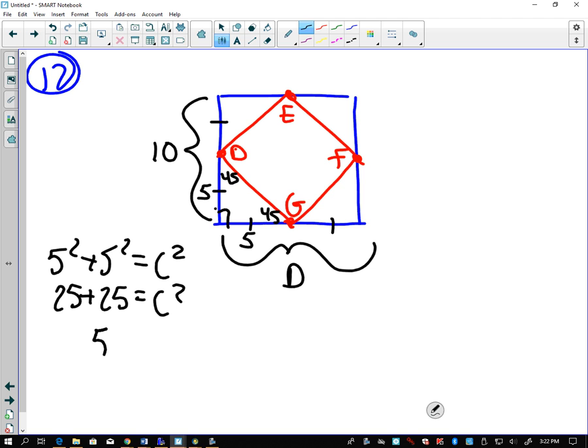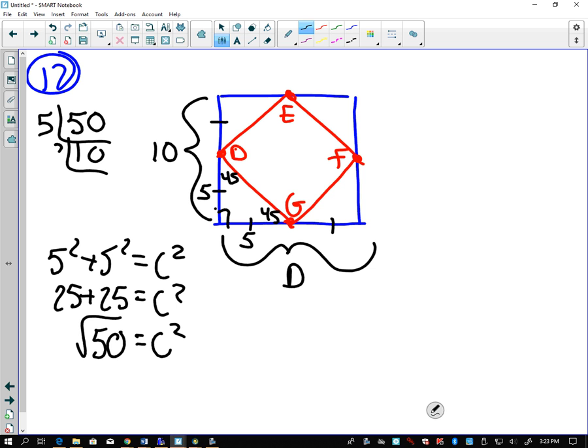I'm getting 50 equals c squared. I'm getting square root of 50. I can break 50 into primes, 5 and 10, and 2 and 5, which gives me 5 radical 2. So I know that this is 5 radical 2. And that should be the case for all of these around here.